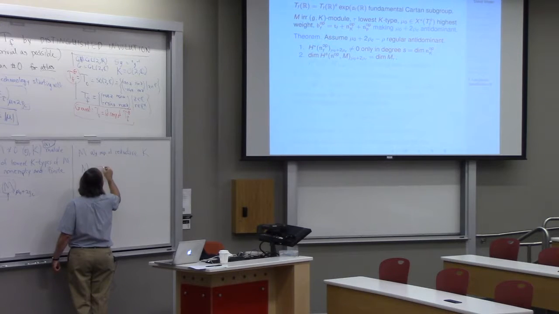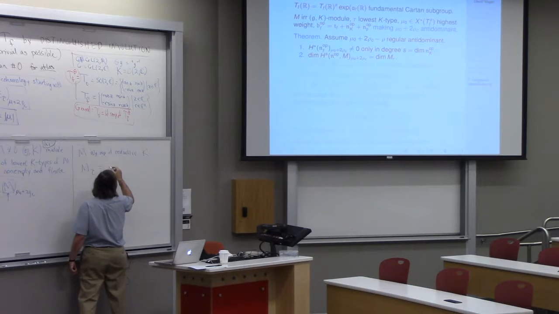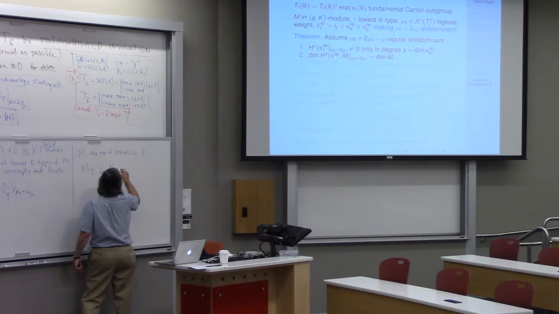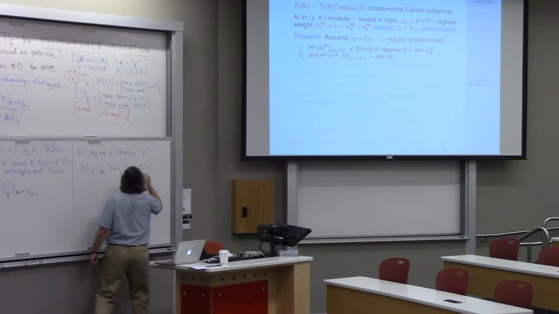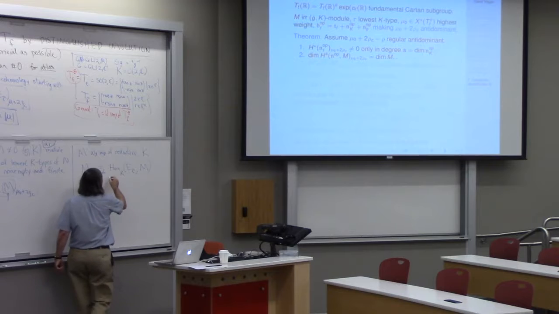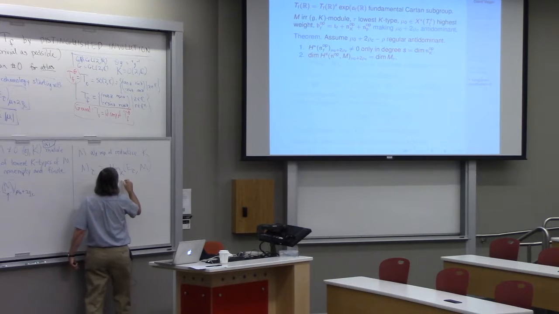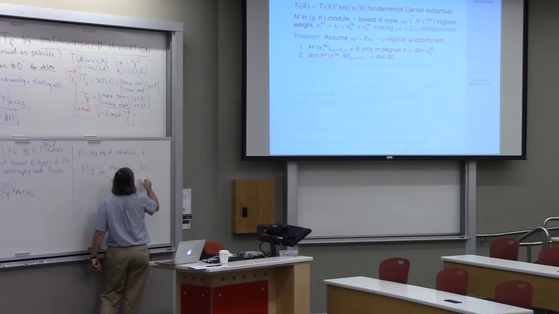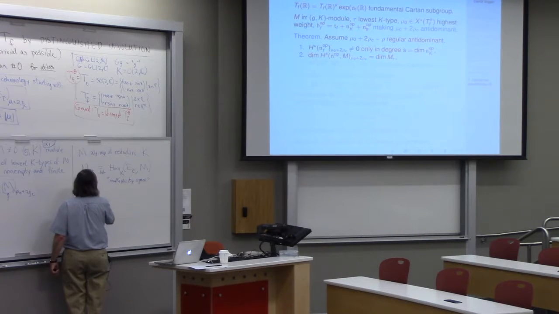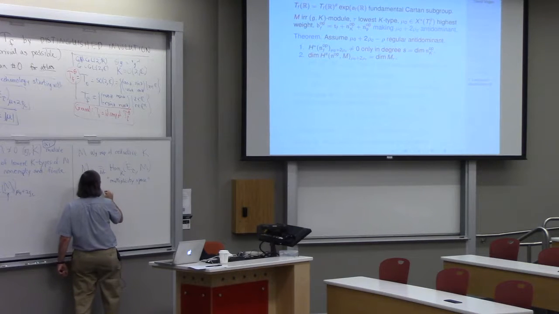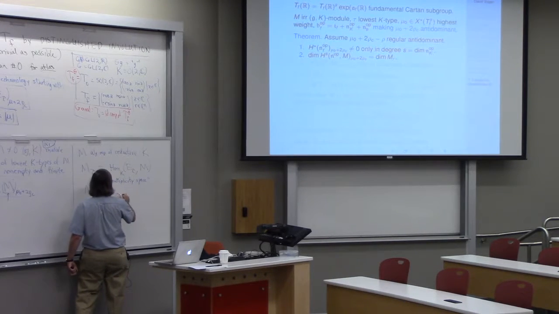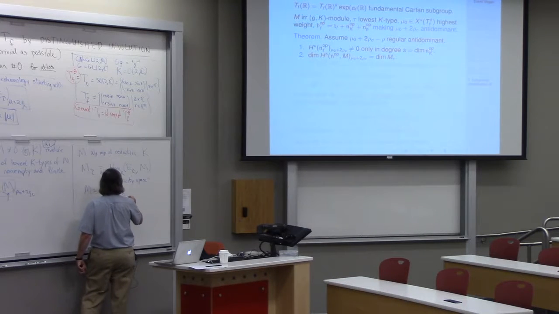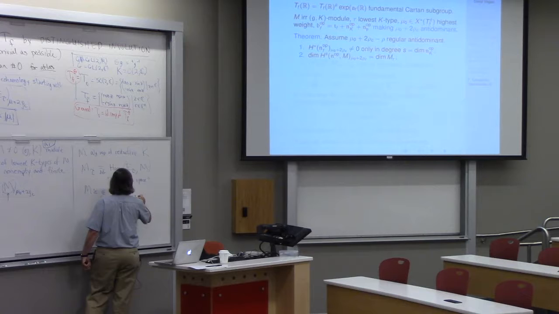I want to define M tau to be the space Hom over K of the space of tau into M, and this is called the multiplicity space. And then M is naturally isomorphic to a sum over tau, E tau irreducible of K, of M tau tensored over C with E tau.